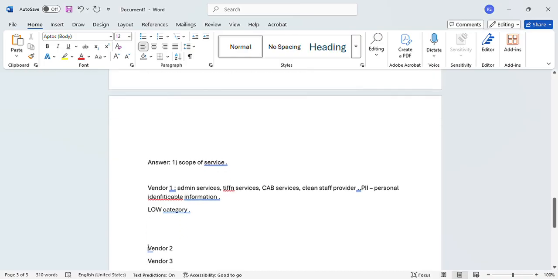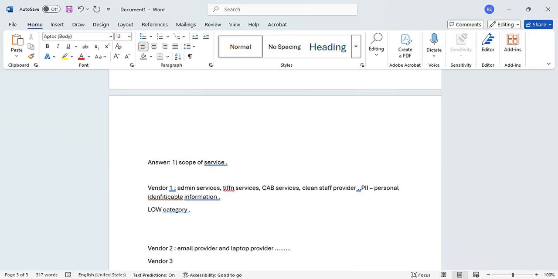That's why. Okay, coming to the vendor 2 part. Vendor 2 is, for example, an email provider and laptop provider.